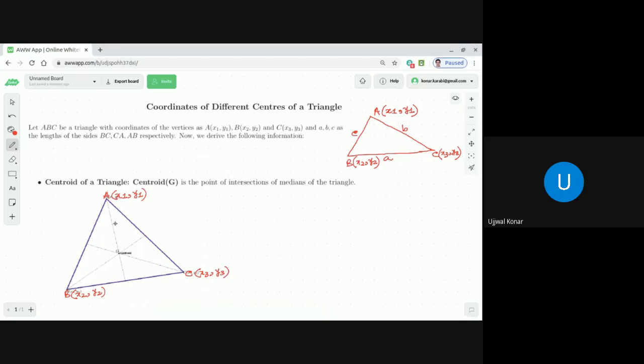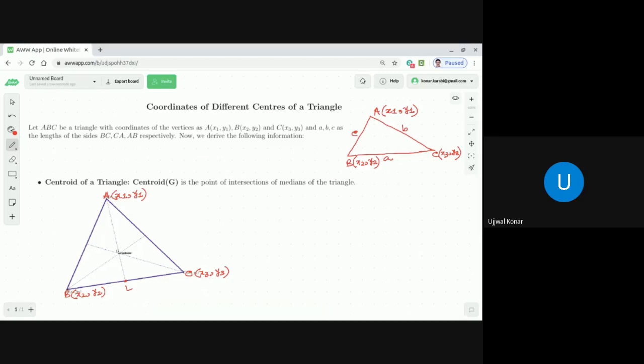Now, as we just understood, the centroid is the point of intersection of the medians of the triangle. So what is a median? A median is a straight line drawn from the vertex A which passes through the midpoint of the opposite side, that is BC. Suppose L is the midpoint of BC, then we say AL is a median.